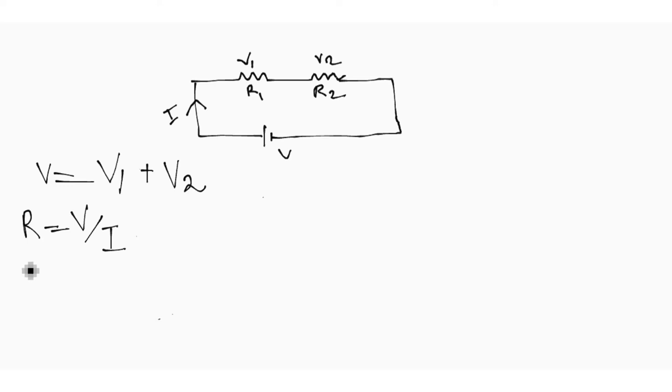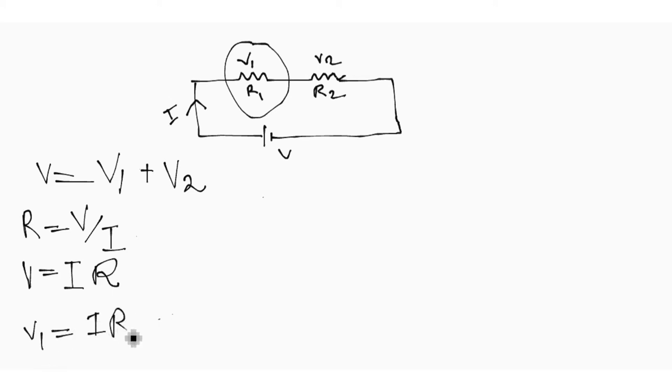So R is equal to V by I, so we can say that V is equal to IR. Similarly, by applying Ohm's law to this resistance R1, we can write that V1 is equal to IR1. Similarly, we get V2 is equal to IR2.